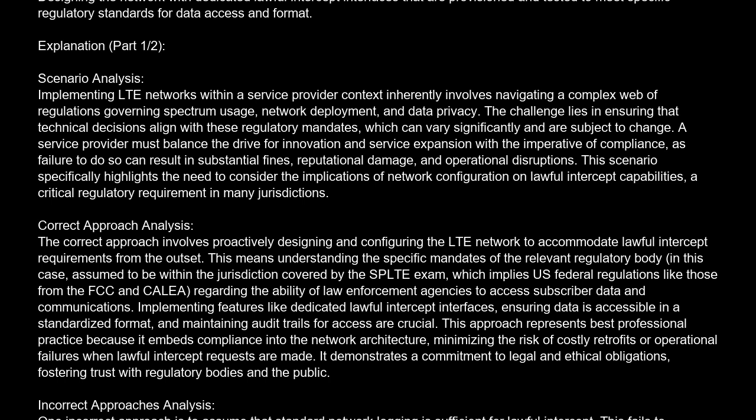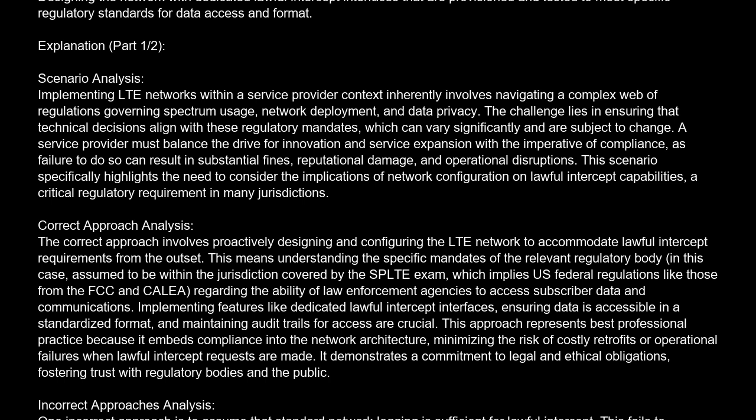The challenge lies in ensuring that technical decisions align with these regulatory mandates, which can vary significantly and are subject to change. A service provider must balance the drive for innovation and service expansion with the imperative of compliance, as failure to do so can result in substantial fines, reputational damage, and operational disruptions.